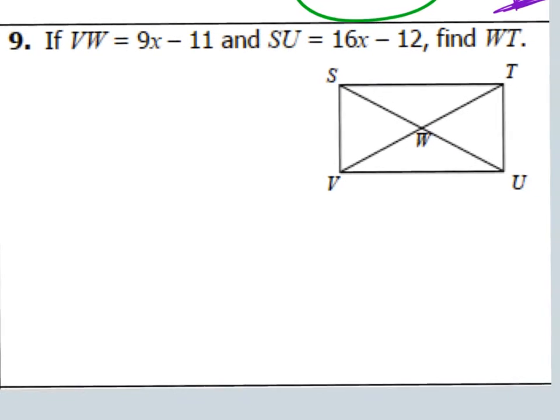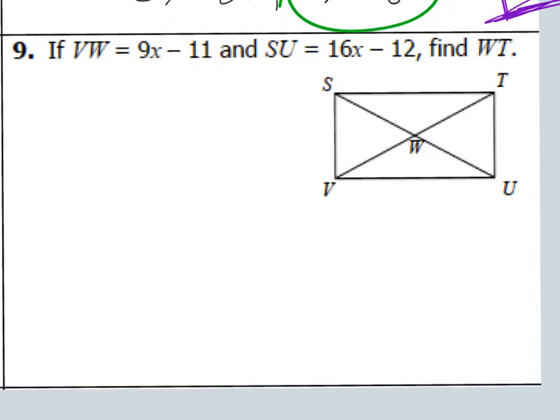Looking at question number 9 now, I know that VW is 9x minus 11 and SU is 16x minus 12. Find WT. So the first thing I notice is that they give me VW. VW is only half. And they also give me SU. SU is the whole diagonal. So there's two possible ways we can do this.